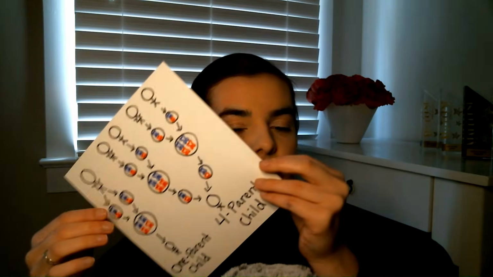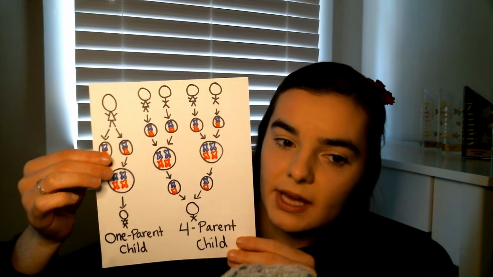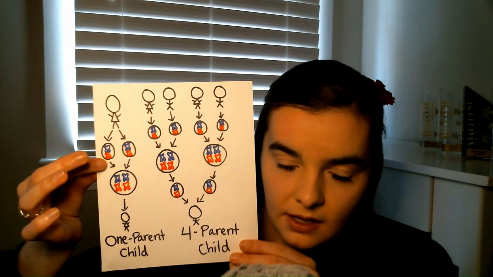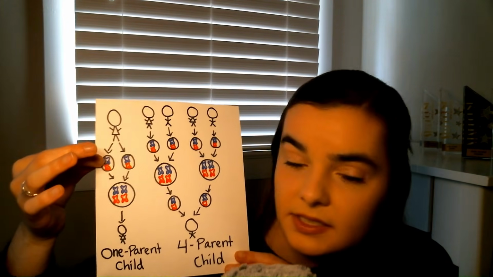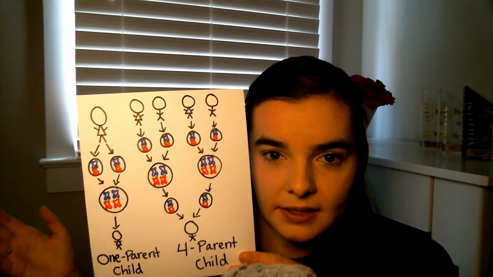And so when we take her skin or blood or whatever, those cells are going to have one of each chromosome from her mother and one of each from her father. Okay? So then when we make the gametes, they're going to split up. Okay? And some of them are going to get the blue chromosome from her mother, right? And maybe the orange chromosome from her father. We don't know. It's going to be 50-50, right?